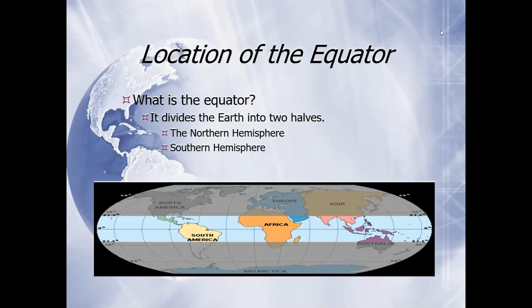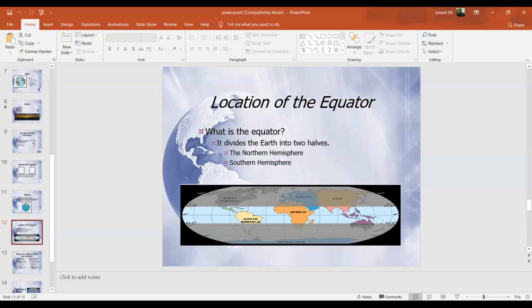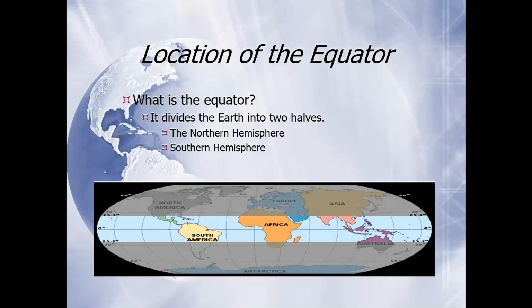The duration of day and night is almost equal: the day in this region is 12 hours, and the night also remains up to 12 hours. So this is the importance of this region.